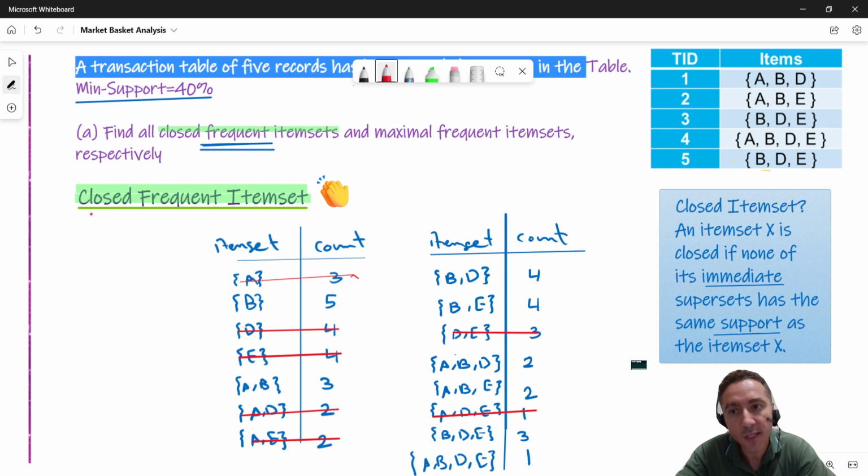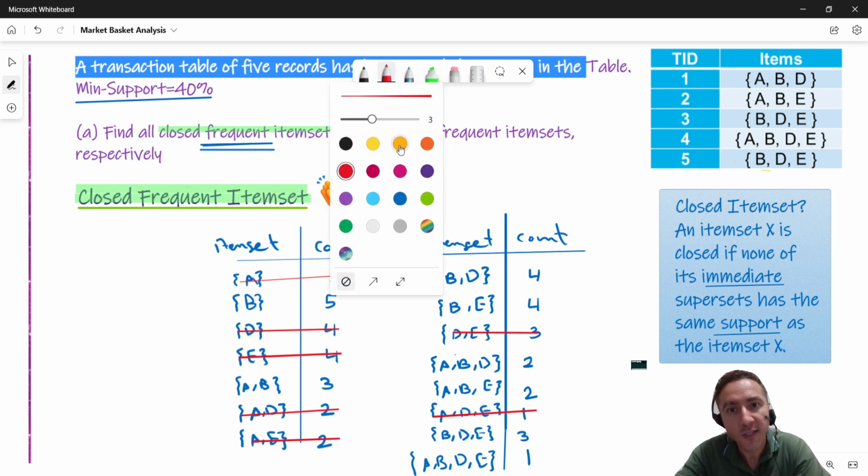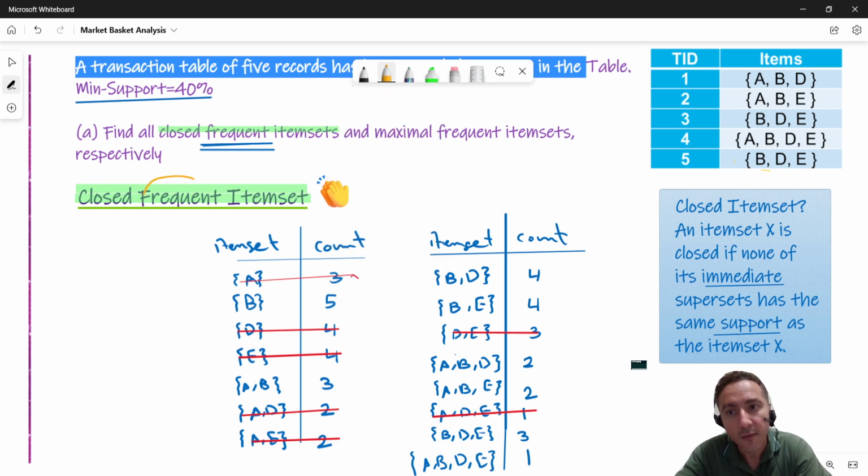But the question is about closed frequent item sets. So now what I have left is finding the ones that are frequent. Now the time comes for the minimum support threshold. Notice, by the way, this time is different. Minimum support threshold is 40, which means the item set must appear in at least 2 transactions.